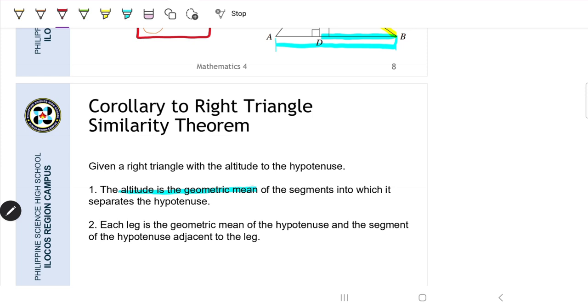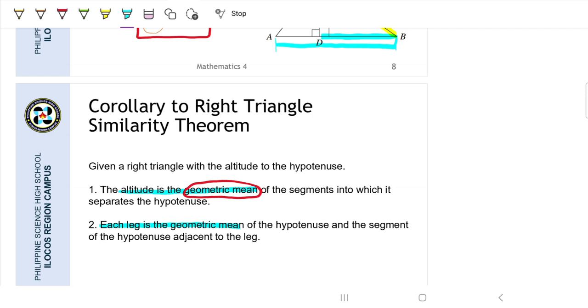So take note of the word geometric mean. Okay? And second statement, each leg is the geometric mean of the hypotenuse and the segment of the hypotenuse adjacent to that leg. Okay, so medyo mahirap i-visualize if walang supporting figure.